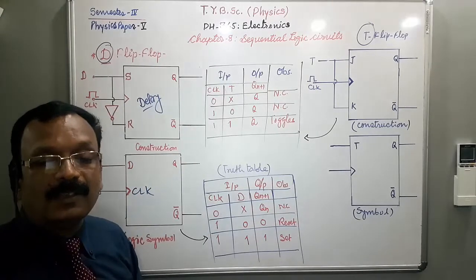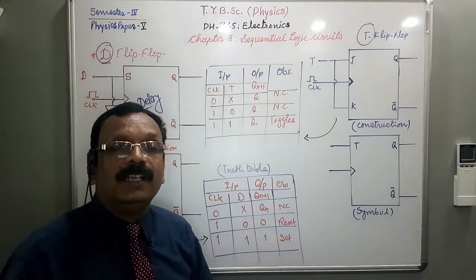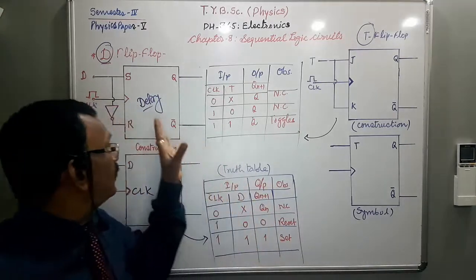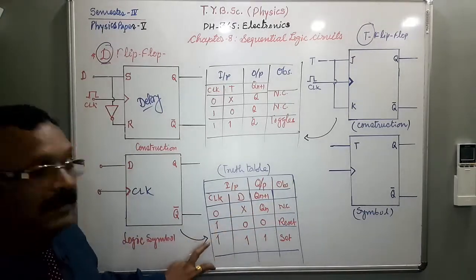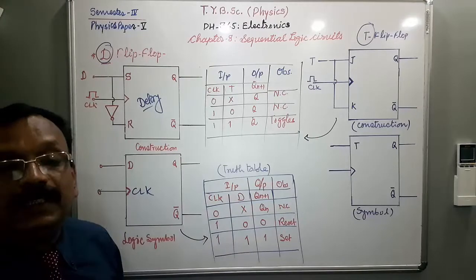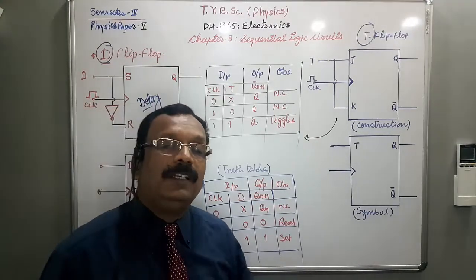Now we are going to see the working, and then we are going to summarize the working of this D flip-flop in this truth table. This is the truth table of this D flip-flop. See here, the working is very simple.